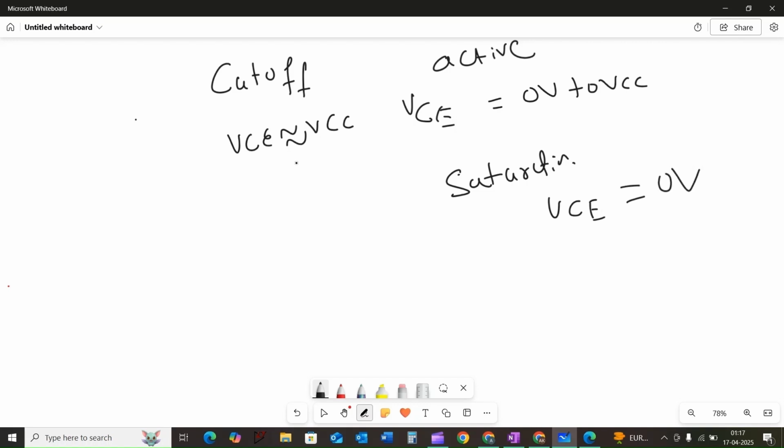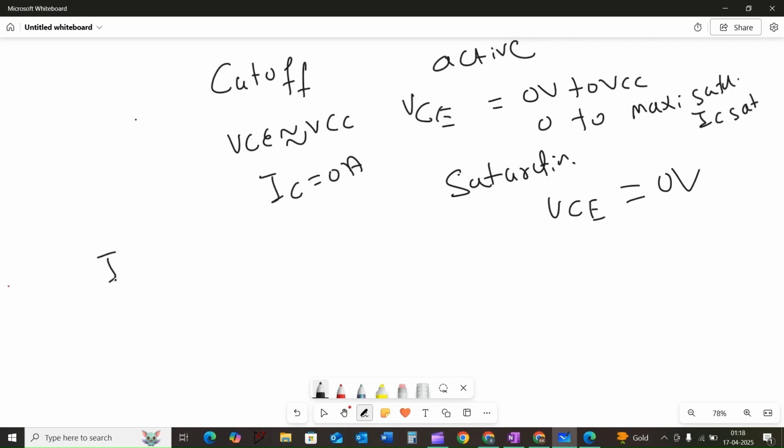And similarly in cutoff region, the IC is equal to 0 amps, and in active region, the IC is between 0 to maximum saturation, that is IC sat.